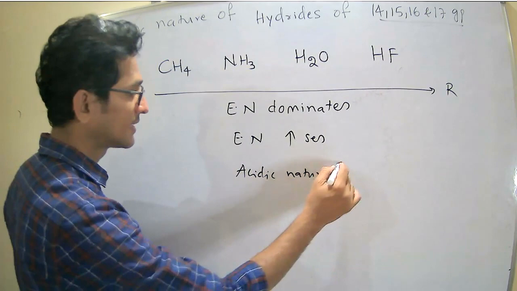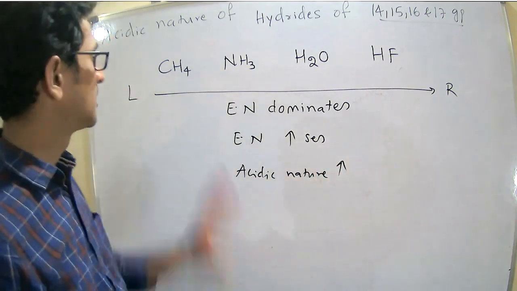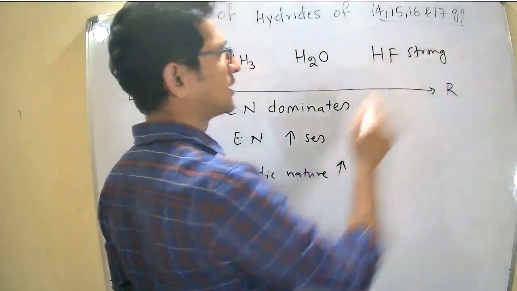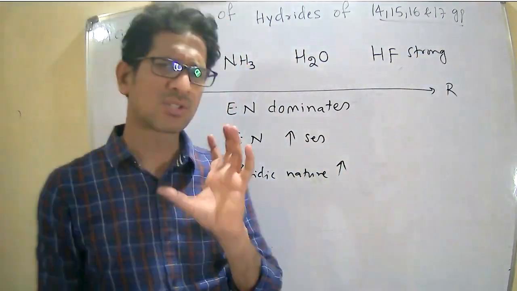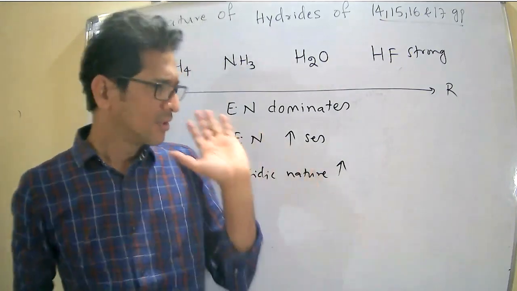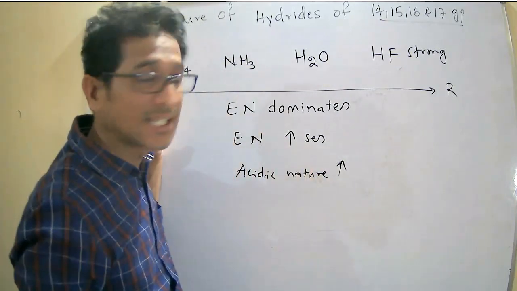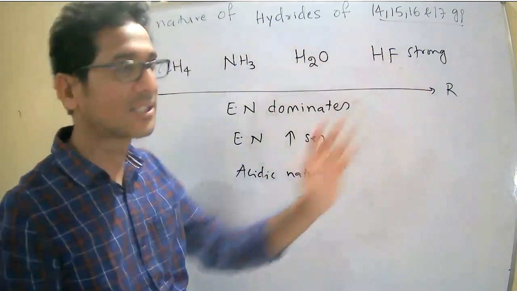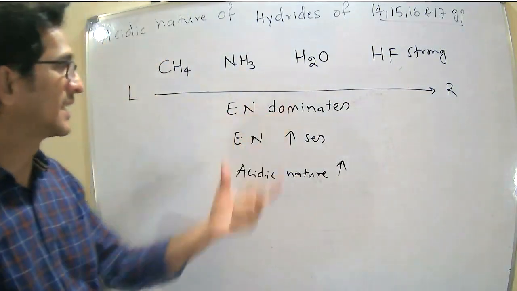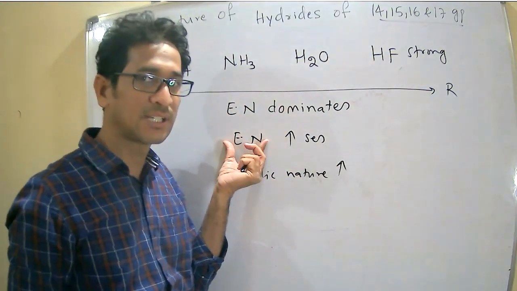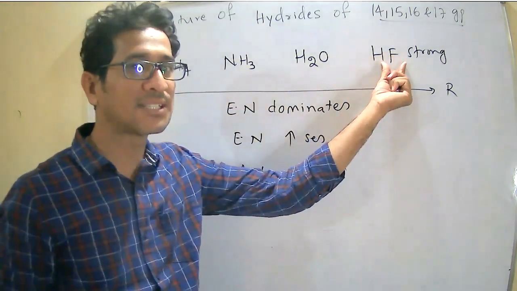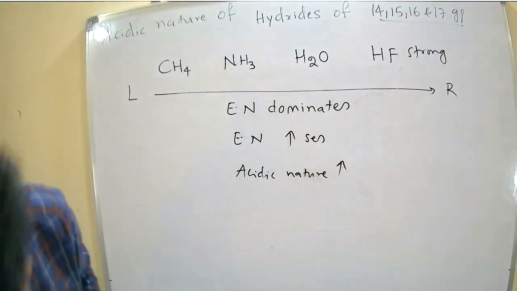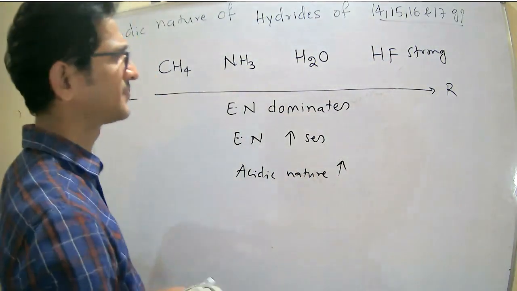So simply, in a period, moving from left to right, the acidic nature of hydrides increases because electronegativity dominates. We know that fluorine is the most electronegative element in the periodic table. Right. Next.